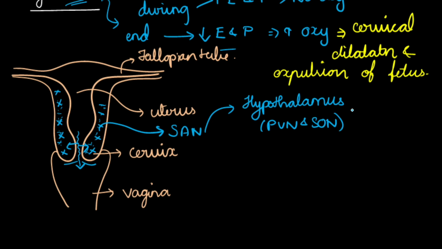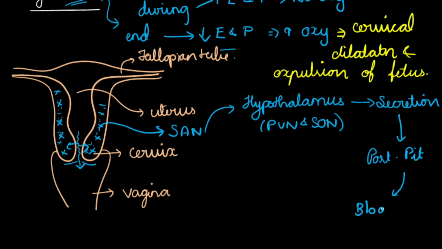They receive the stimuli and start secreting, and the secreted oxytocin is sent to the posterior pituitary nerve endings, and from there it is released into the blood. This oxytocin goes directly to the uterus, resulting in contraction of the uterus and expulsion of the fetus. So this helps in the second and third stages of labor. This is how oxytocin acts in the pregnant state of the uterus.